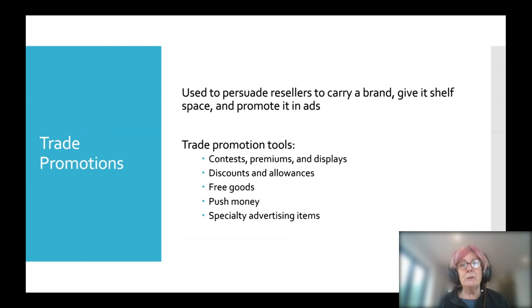What about if we're trying to sell to the trade? And remember, when we talk about the trade, we really mean retailers or wholesalers. So with trade promotions, we're trying to persuade resellers, people who might resell our product, we're trying to persuade them to carry our product, to carry our brand, to give it increased shelf space, perhaps in a supermarket, to put it on the end of the aisle where it's very visible, or maybe to include it in their promotion for their shop.